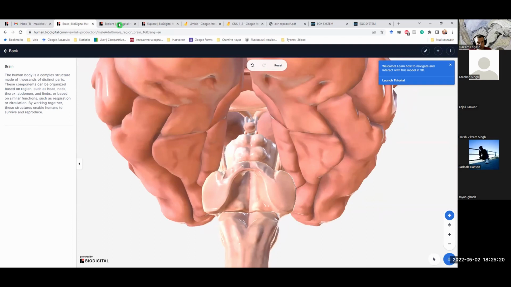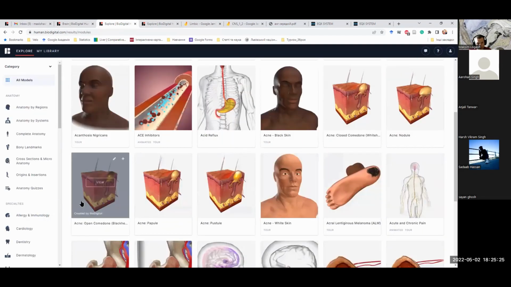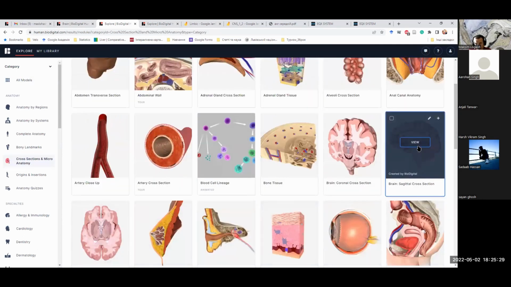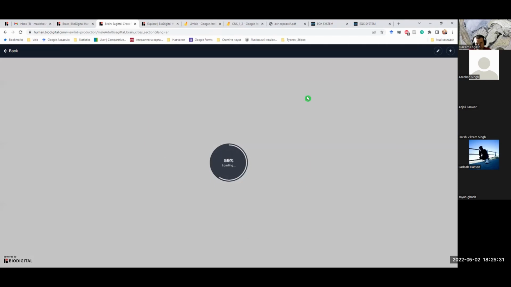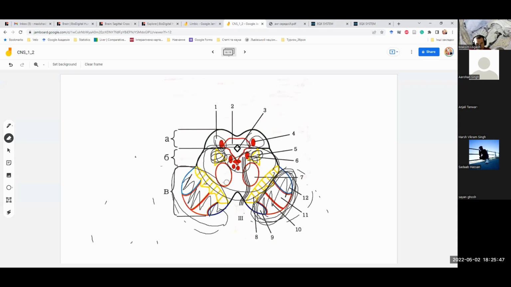On cross-section, the lateral lemniscus I can show in this position actually. Here it is absent on that model. Here we can find the medial lemniscus, it's number 5 here.